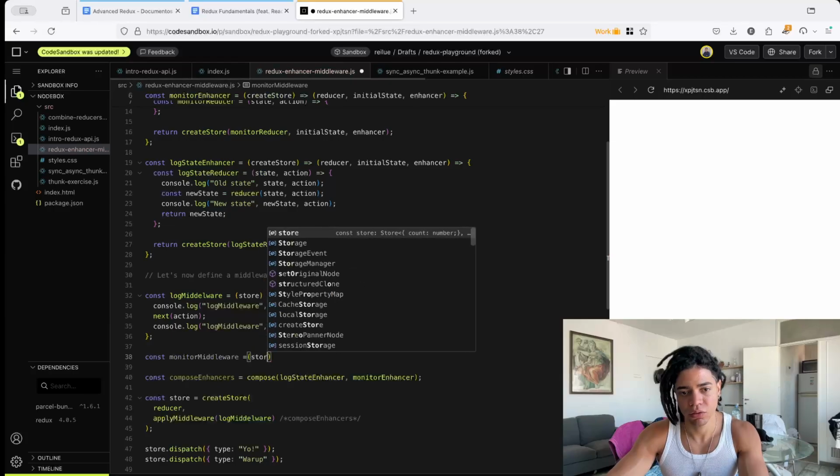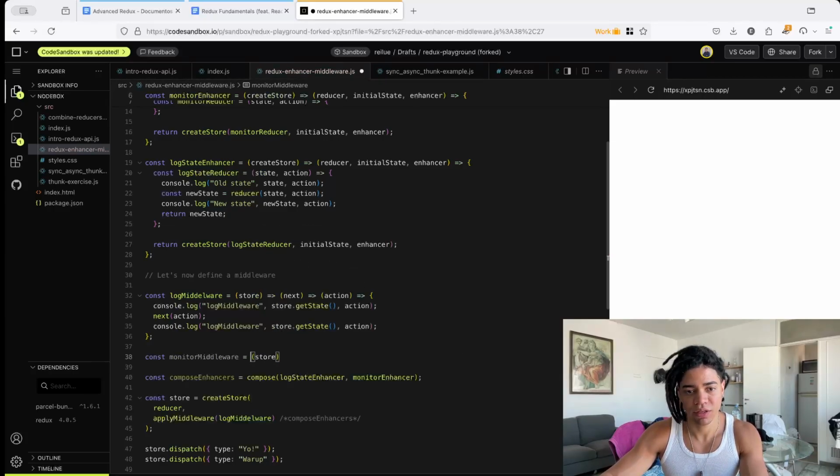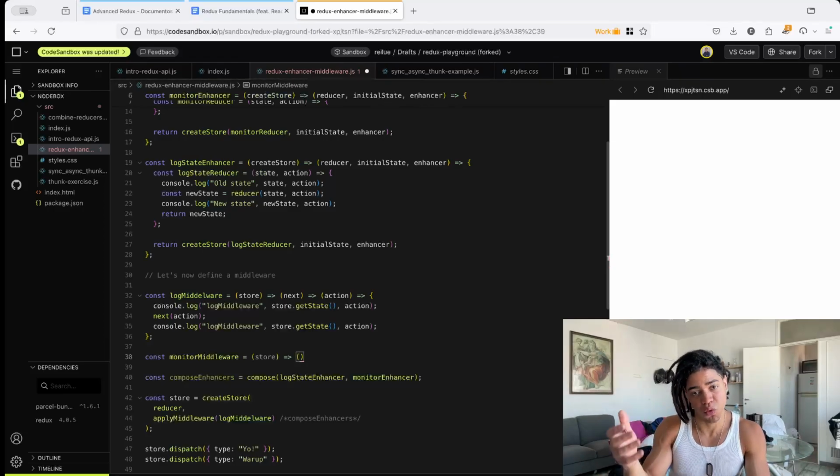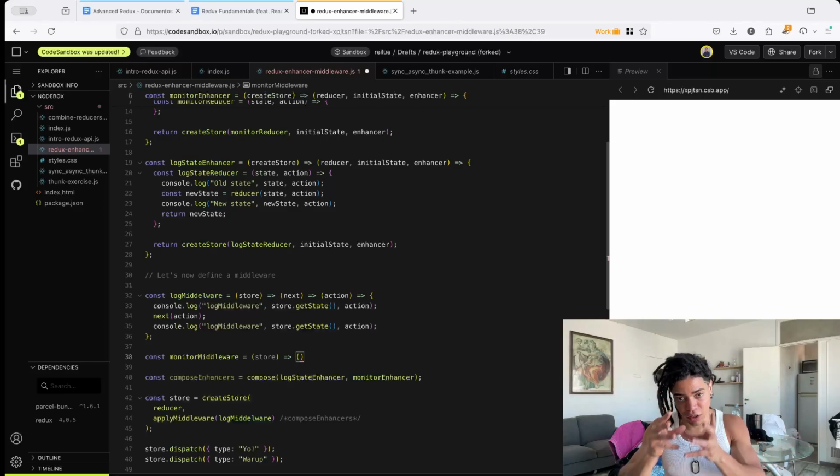So we get the store. As you can see here, this is also a curried function. You're going to get this function, and then you're going to call another function that provides you the next, which is part of the middleware, as a way to trigger the next action.